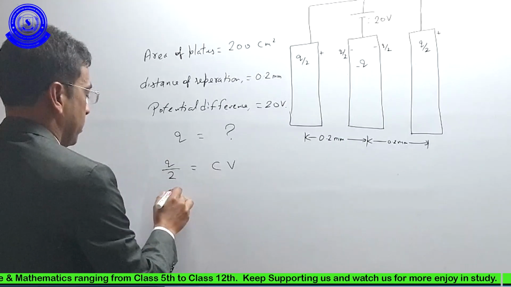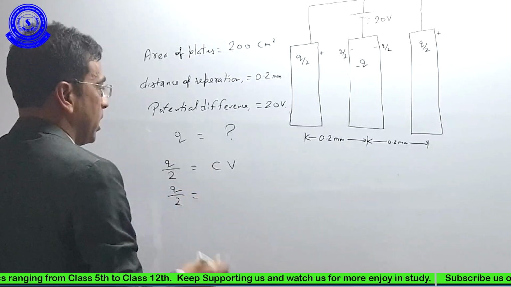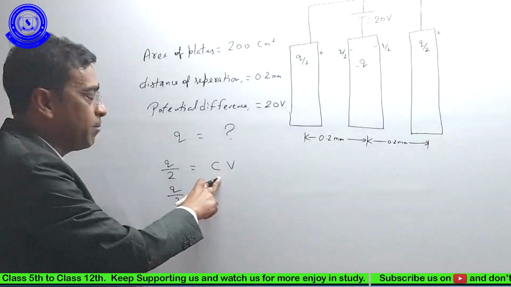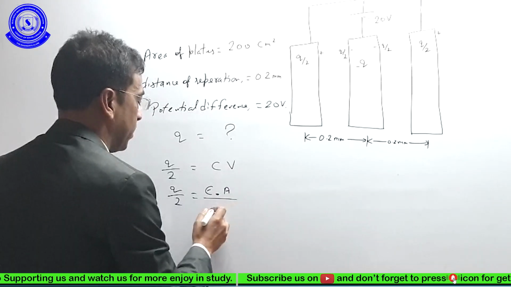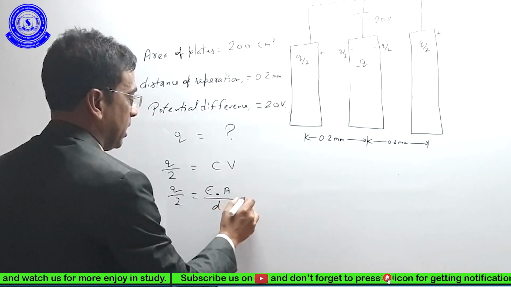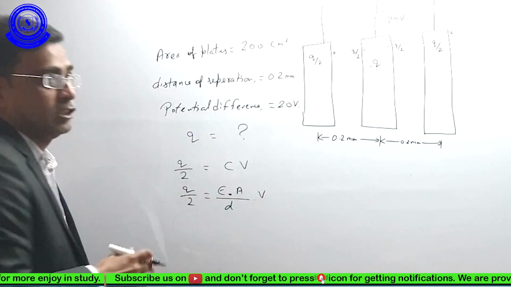So Q by 2 equals the formula of the parallel plate capacitor, epsilon naught A divided by the distance of separation, multiplied by voltage.